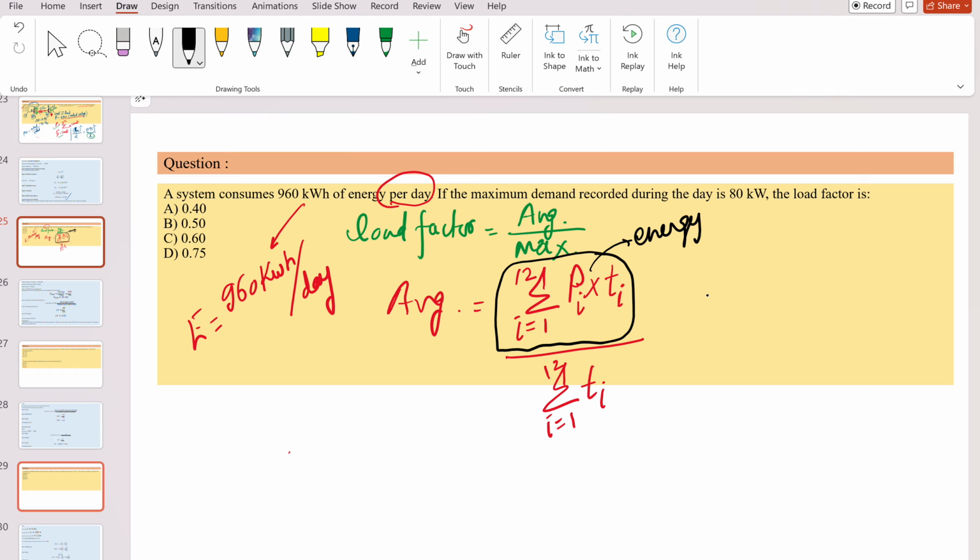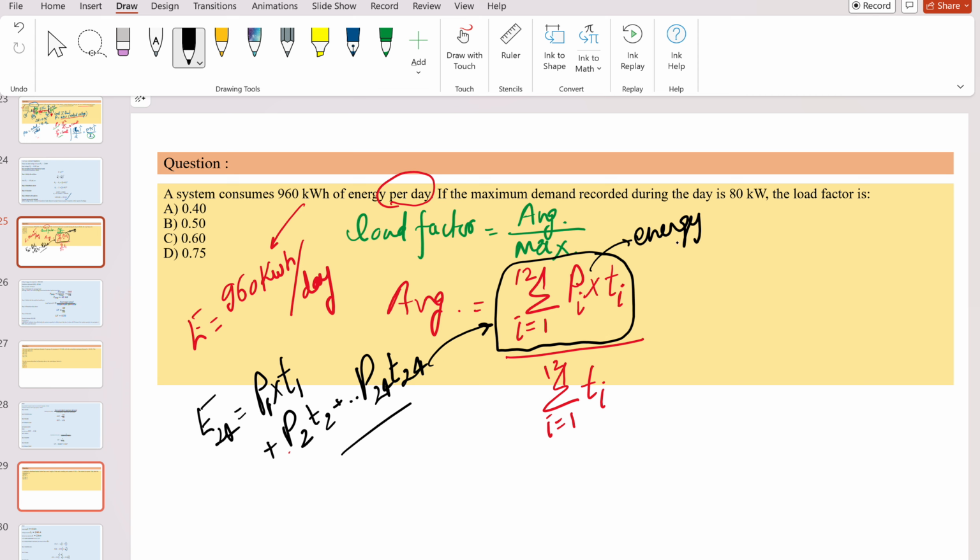Energy is basically what is consumed in a particular day. For a 24-hour duration, it is the power of the first hour multiplied by the duration of that hour, then p2 t2 plus and so on up to p24 t24. That is the energy only. But what you need is to divide it by the time duration.